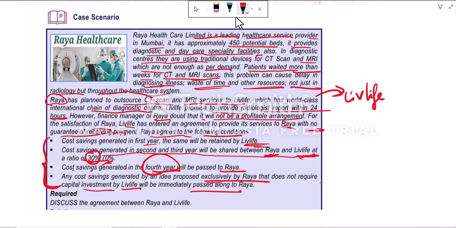So they are asking to discuss the agreement between Raya and Live Life. They are not receiving any percentage of income for the patients referred. It is a benefit over a period of time if Live Life earns more, if Live Life benefits more. So this is called a gain sharing arrangement.